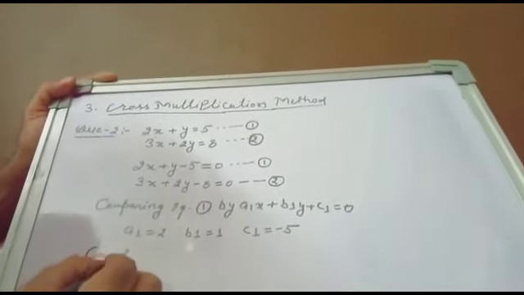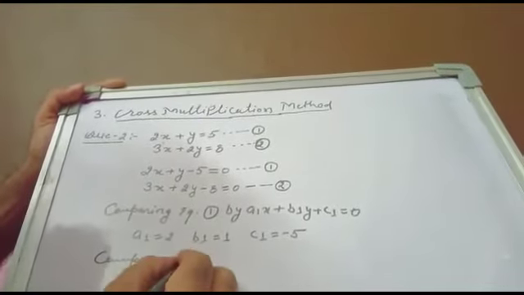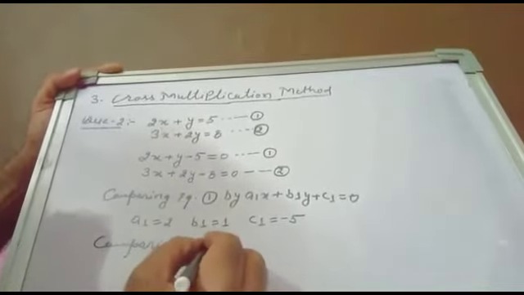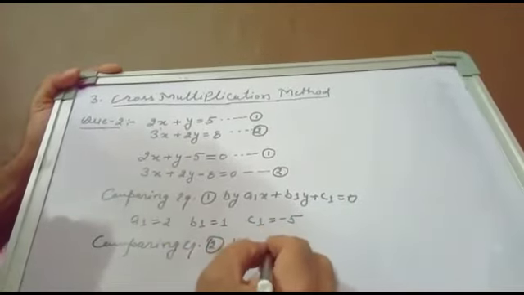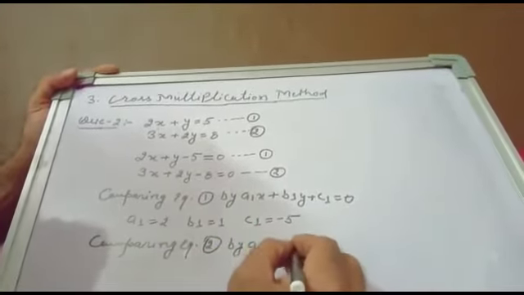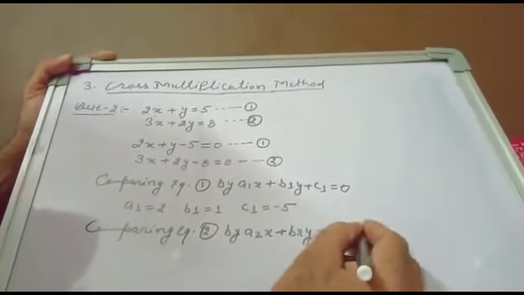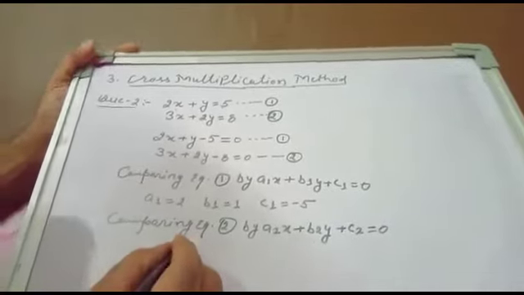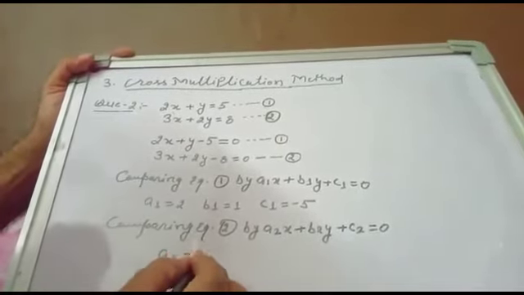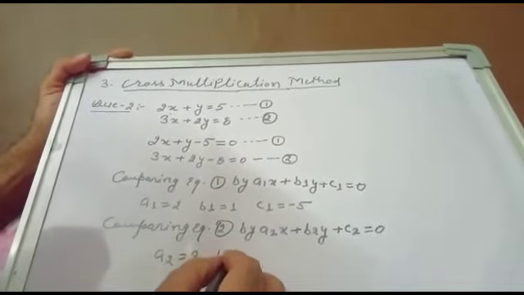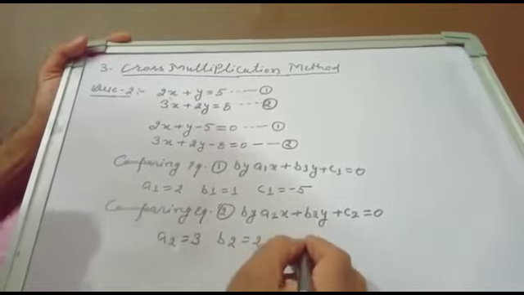Similarly, comparing the second equation with a2x + b2y + c2 = 0, the value of a2 is 3, b2 is 2 and c2 is -8.